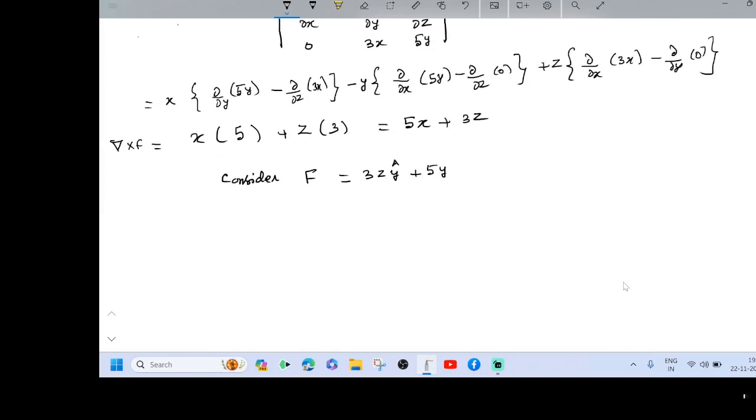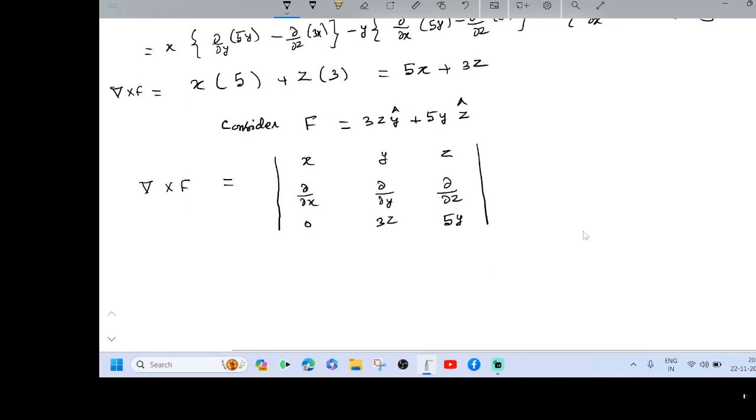Now curl f equal to determinant of x, y, z, dou by dou x, dou by dou y, dou by dou z. The coefficient of x is 0, the coefficient of y is 3z, and the coefficient of z is 5y. Now I have to find out this.